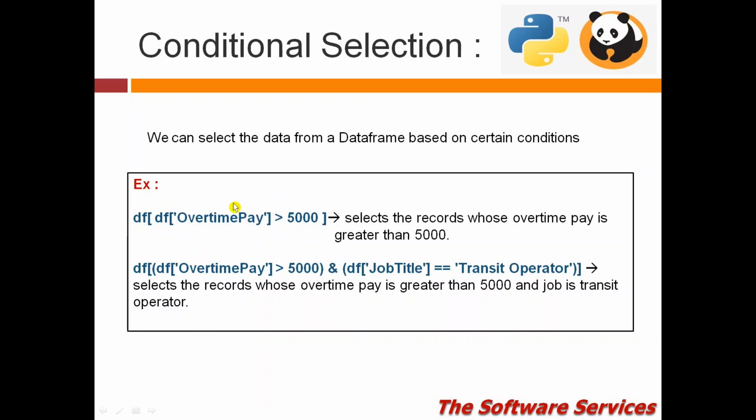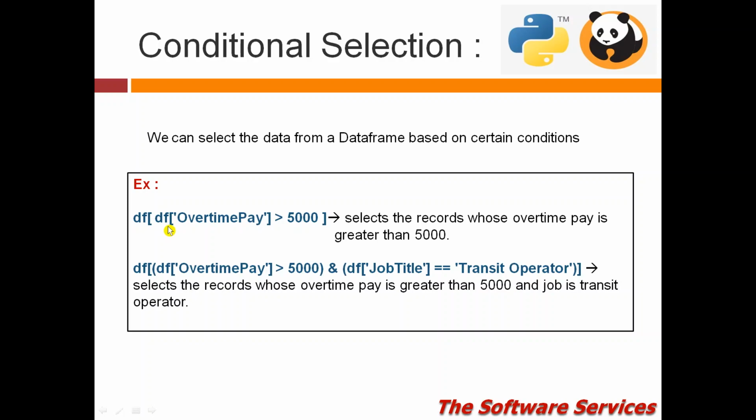If you want to know the employees who are drawing the overtime pay greater than 5,000, you need to select the records based on the condition like this. So df, we have to first select the column under consideration. What you need is the overtime pay. That is the criteria, so you need to select that one first.